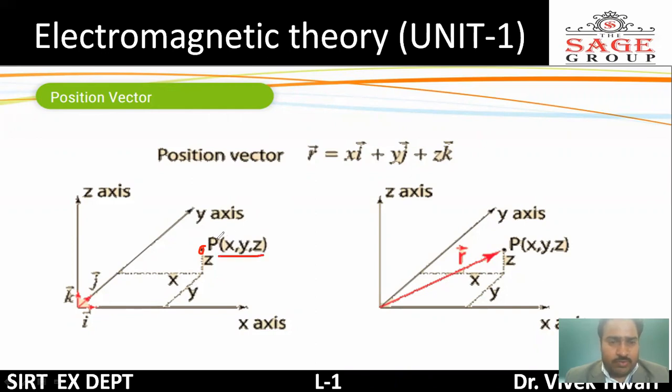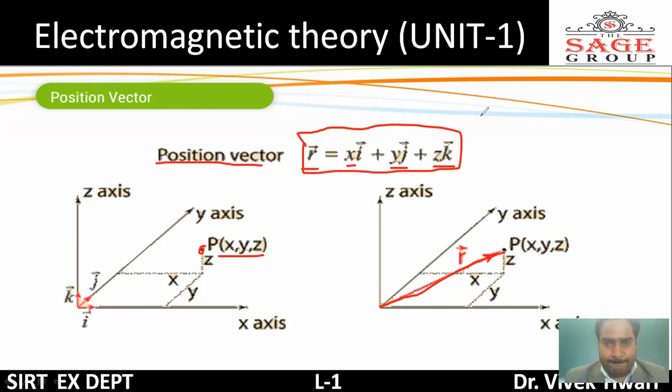If we want to represent it in the form of a position vector, we will write it as r. r represents its position from the center, and it can be represented with the help of xi, yj and zk. So r will be the sum of the individual unit vector components as shown here.